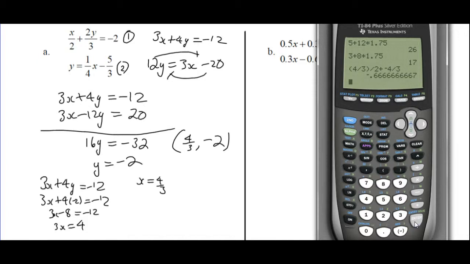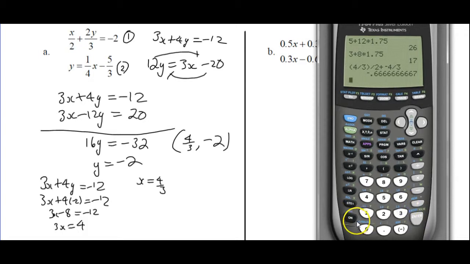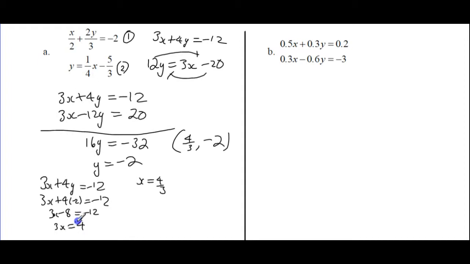No, it's not. Alright, didn't check. Why not? Okay, this should be negative 4, 3x, so x will be negative 4 thirds.